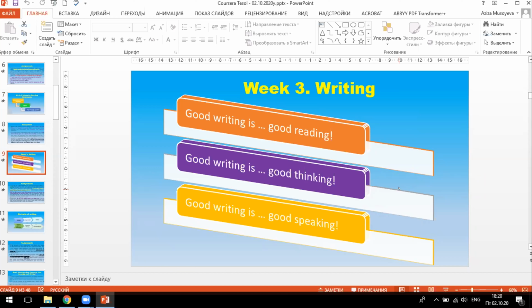Instead, we can just find any material, look at the genre, pay attention to some vocabulary and give it to our students. And it's not important to understand everything in the reading passage. It's not necessary to know every single word, I think.